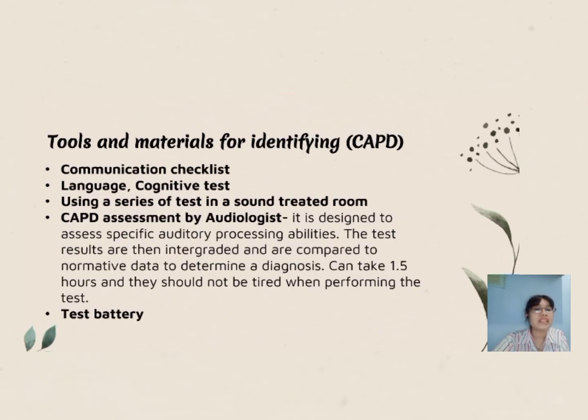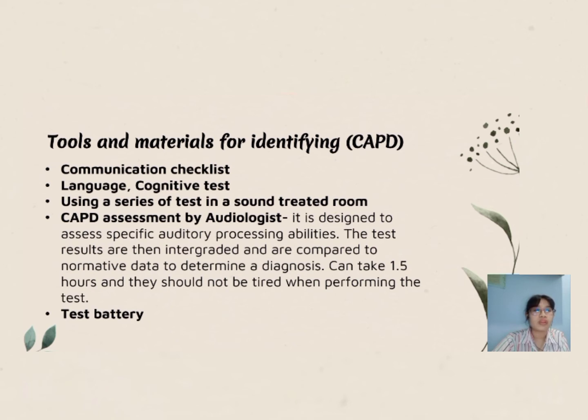So for CAPD, the tools and materials for identifying it include the communication checklist, language and cognitive test, using a series of tests in a sound-treated room. The CAPD assessment by the audiologist is designed to assess specific auditory processing abilities.